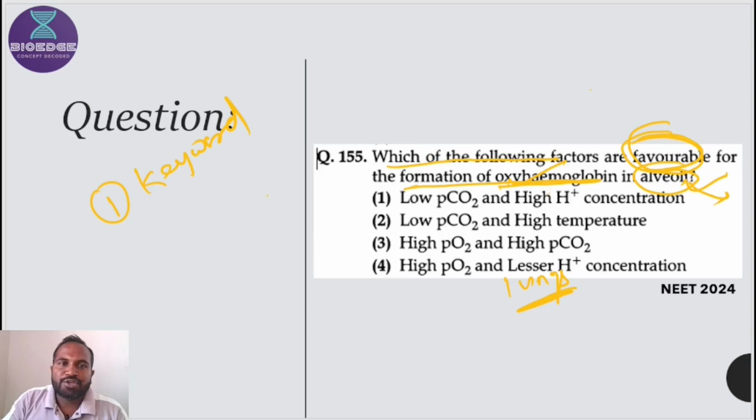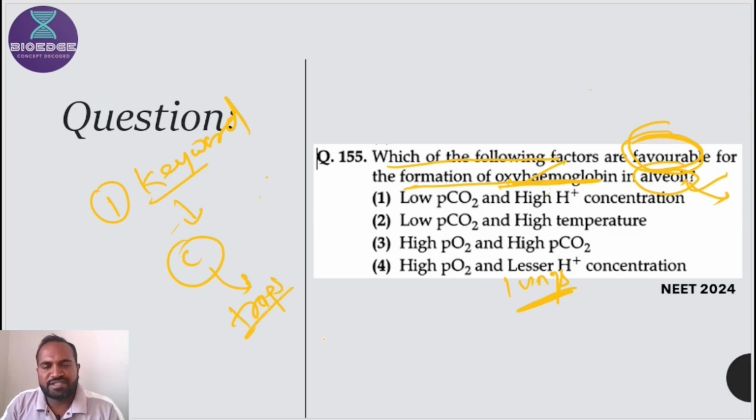If you understand the keyword, then you should know the concept behind it, and after understanding the concept, you should know the trap in the question. So these three factors are very important to understand the questions. We have identified the keyword and the concept. What is the concept?